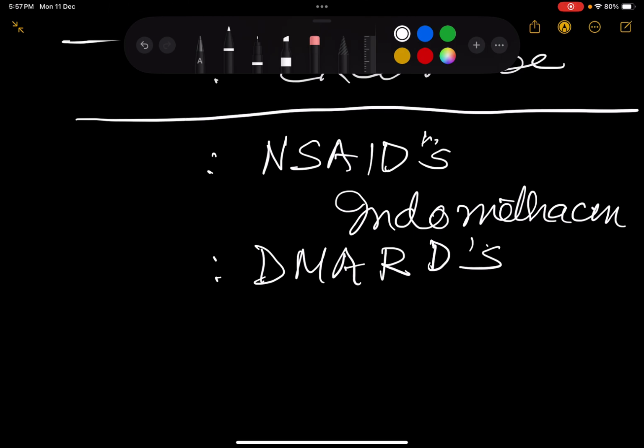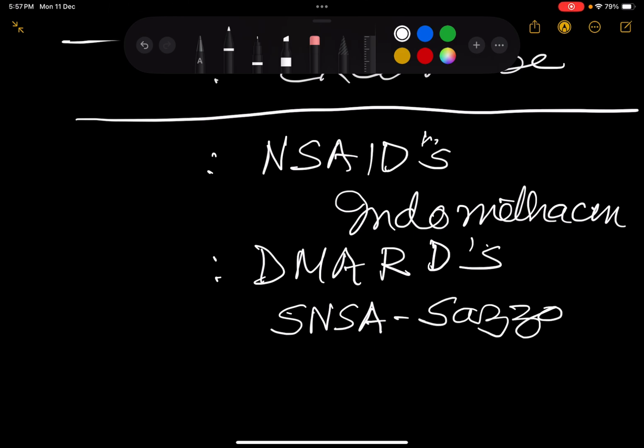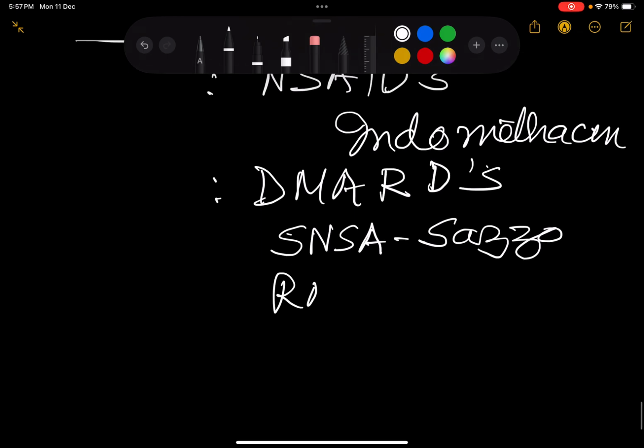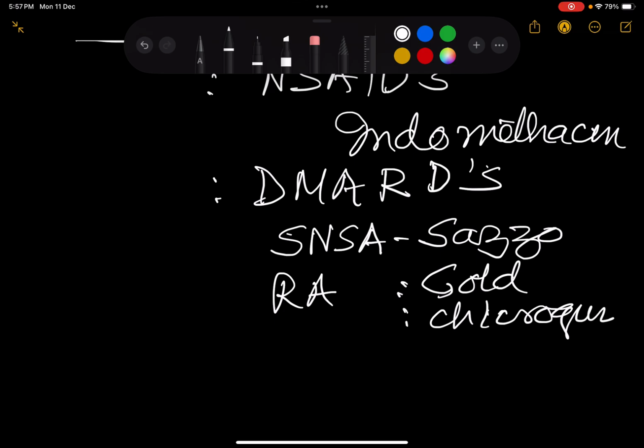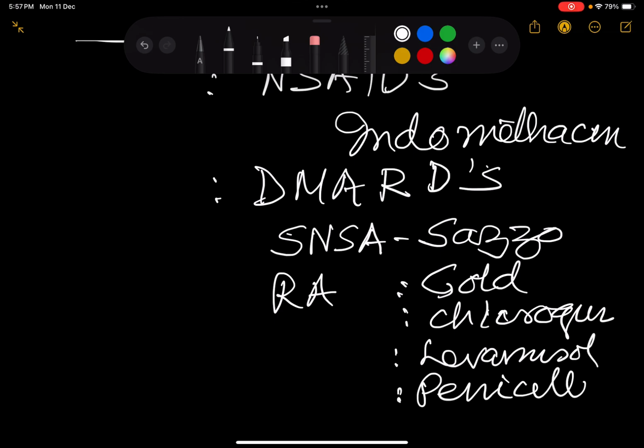So the DMARD for the seronegative spondyloarthritis is sulfasalazine. For the rheumatoid arthritis, it is gold, chloroquine, levamisole, penicillamine.